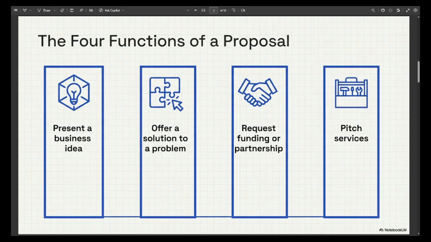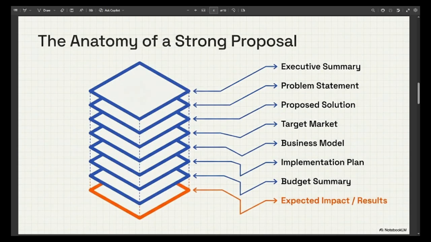Next slide, please. Now, this is the anatomy of a strong proposal. What a proposal should entail. Now, it's a document, like we earlier defined. It covers these pointers, and they all have their unique values and what they do.